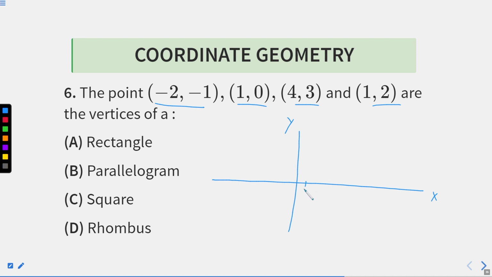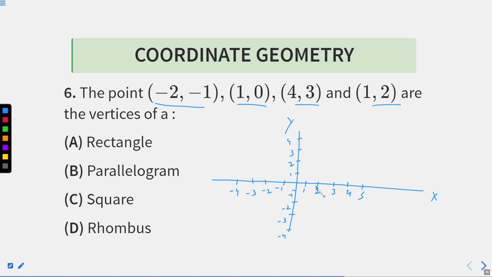Now we just number it 1, 2, 3, 4, 5. Similarly 1, 2, 3, 4. On the left side -1, -2, -3, -4. On the downward side -1, -2, -3, -4.